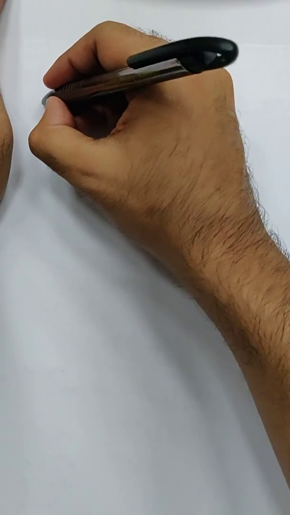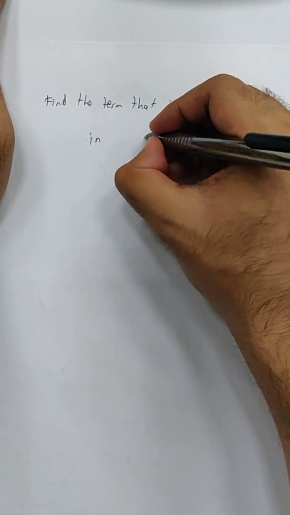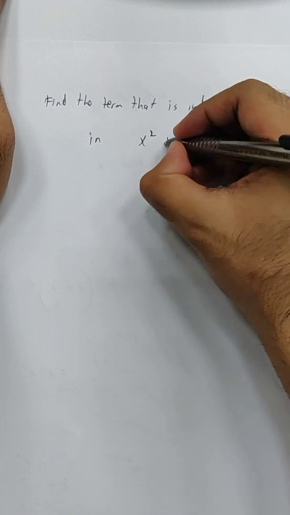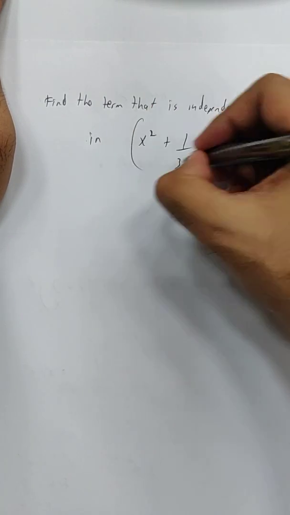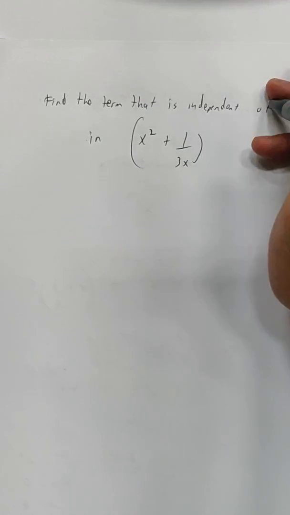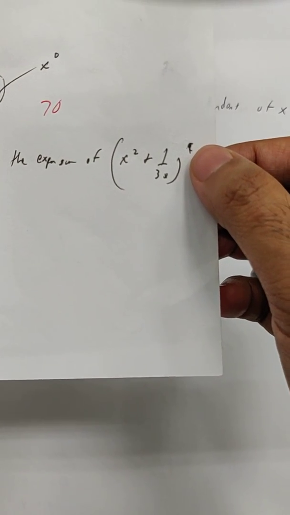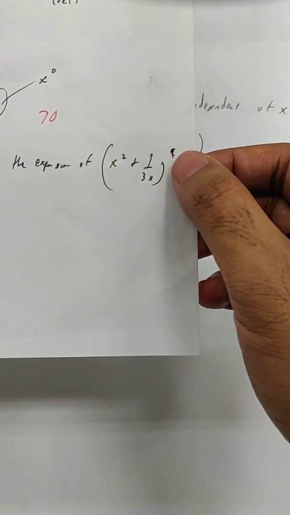Okay, one more example of that will be this. Find the term that is independent of x in (x^2 + 1/(3x)) to the power of, I have no idea what I wrote down over here. I would like to say it's 9.